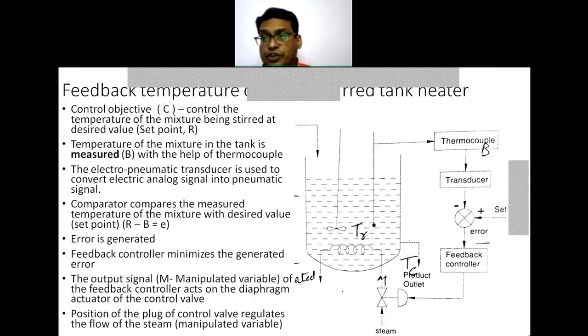For that purpose you require these transducers, and then it goes to a comparator.